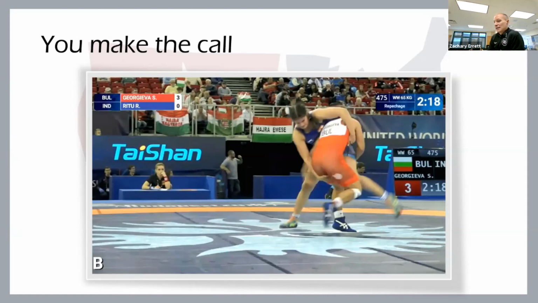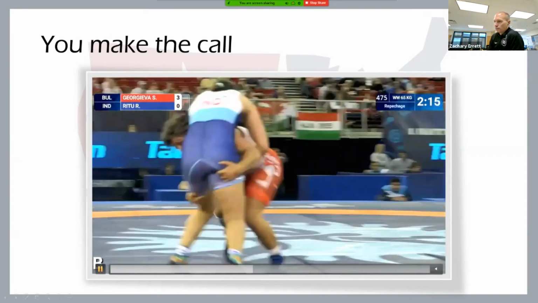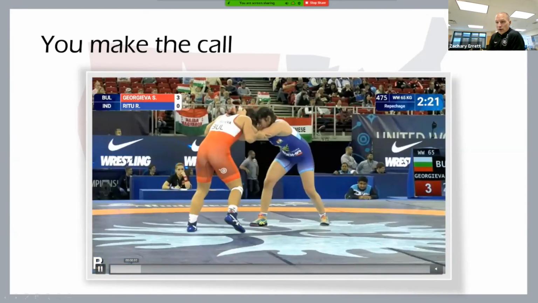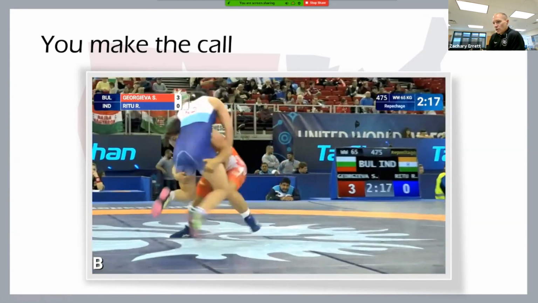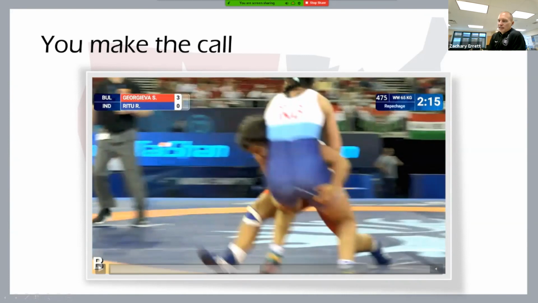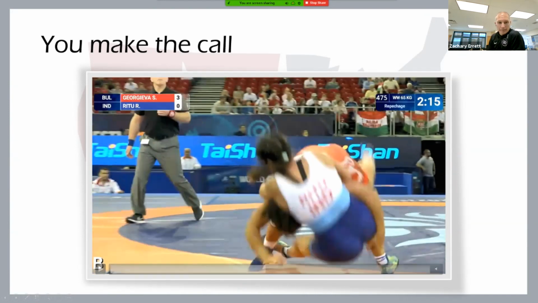So this situation, I think, probably could go either way. I've had some discussion with coaches about this. I will tell you, I know exactly why they scored it for blue. Because when you look, you're saying, well, red's got a double leg. They're traveling in the same direction. They're going, going, going, going. The one thing I'm going to point out, there's two things that I think help indicate this, and it happens really quick, is we start to see a little bit of a direction change, but you're going to watch red's hand right here come apart off that leg.